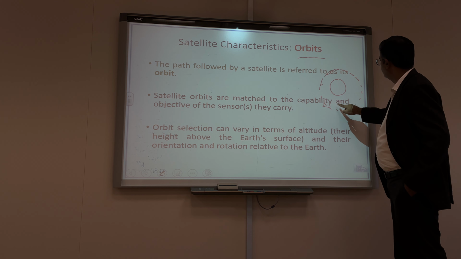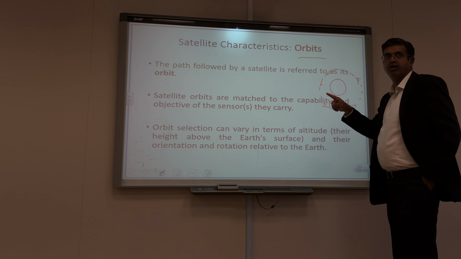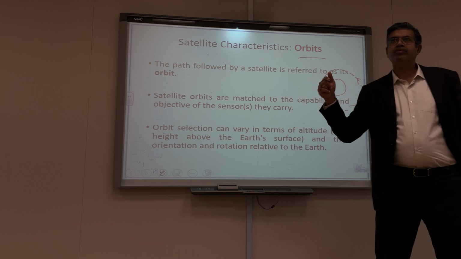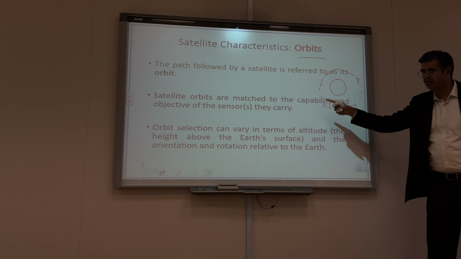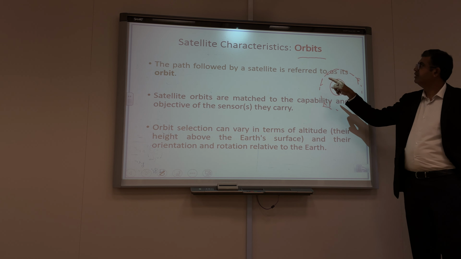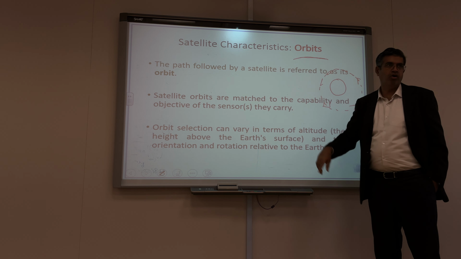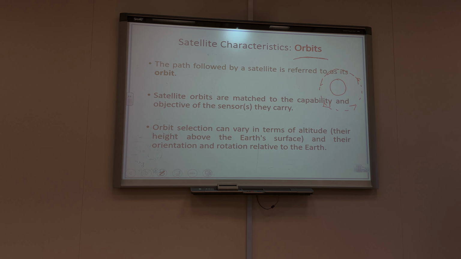The path which the satellite takes to move around the Earth is called the orbit.